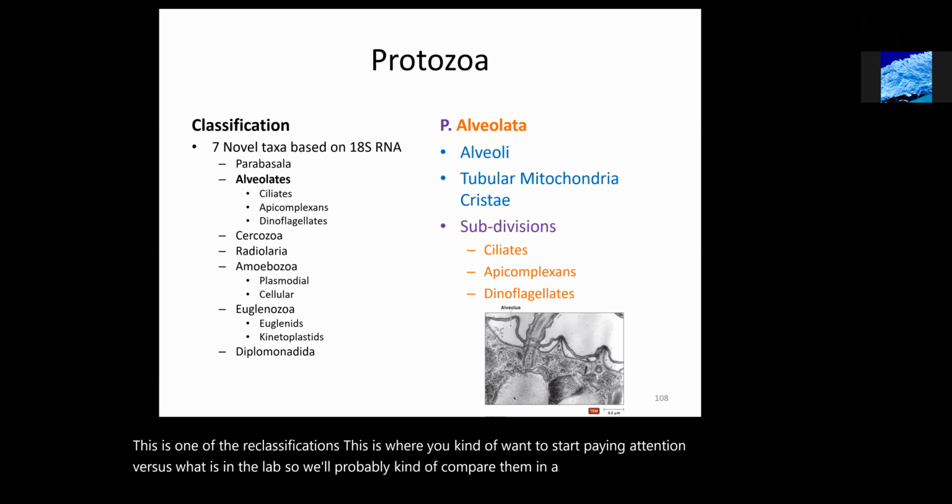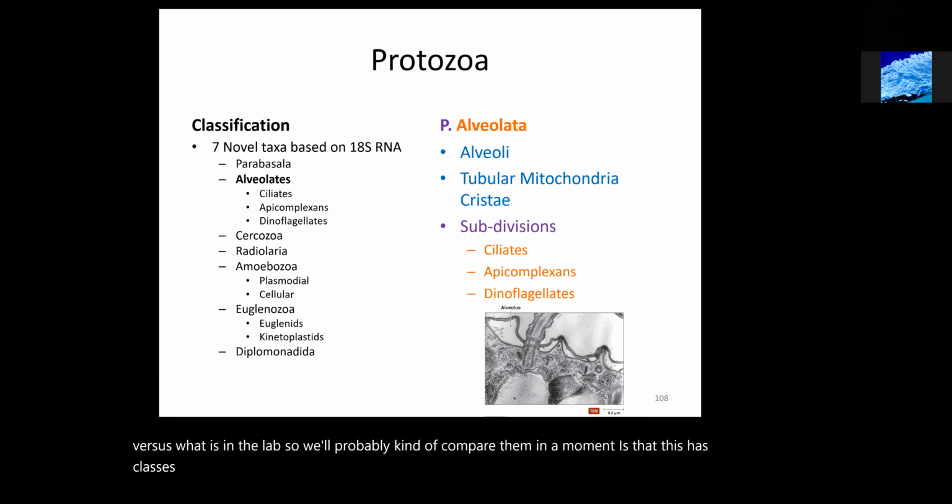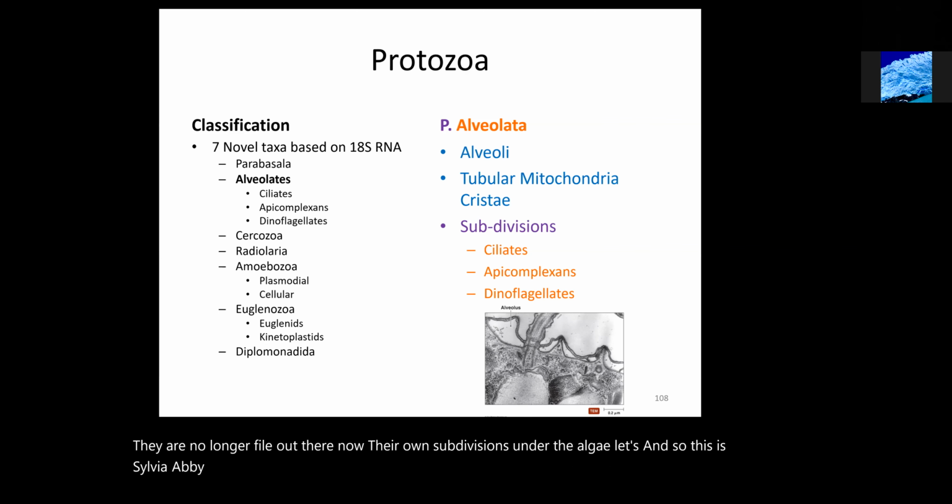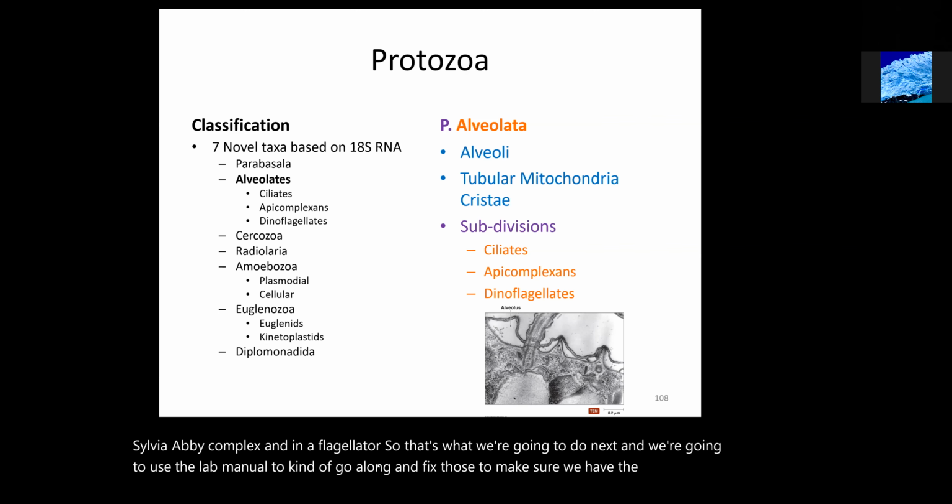This has classes and subdivisions from phylum Alveolata into the three groups that have been originally described as phyla, which used to be Ciliata, Apicomplexa, and Dinoflagellata. They're no longer phyla. They're now their own subdivisions under the alveolates. And so this is Ciliata, Apicomplexa, and Dinoflagellata. So that's where we're going to go next, and we're going to use the lab manual to go along and fix those to make sure we have the right information.